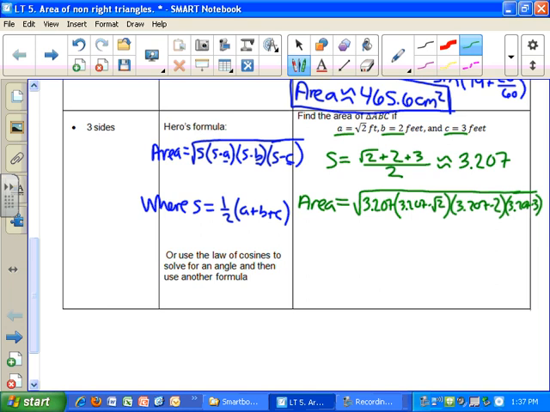And type all of that in, and I think you get that it's about the square root of 1.436, which becomes about 1.98.